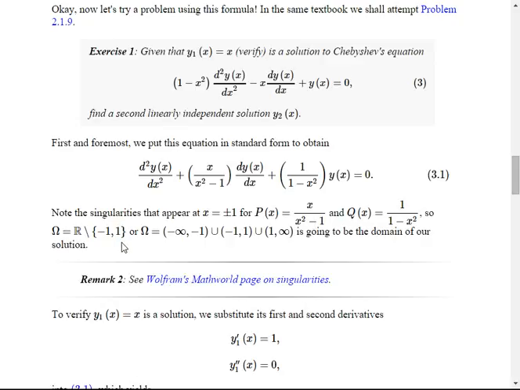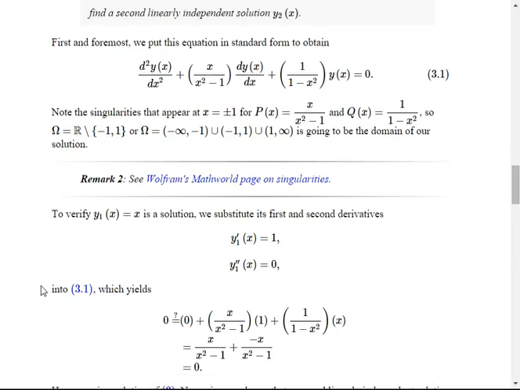So we exclude those points from the domain. The same thing happens for q of x. So those 2 points, we do not include them. It's just the real line minus these 2 points. We're using interval notation with the cups to unify the intervals. We have the domain of the solution.